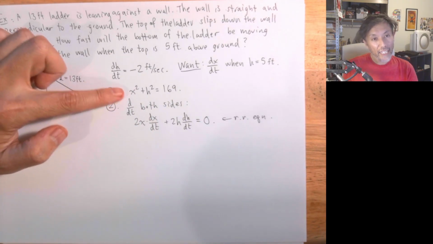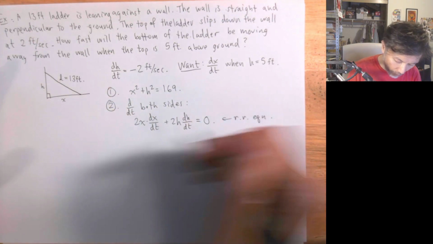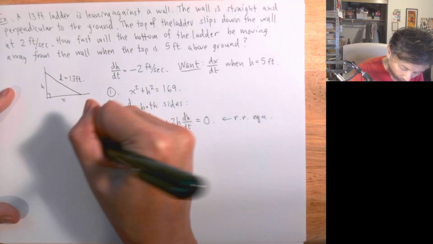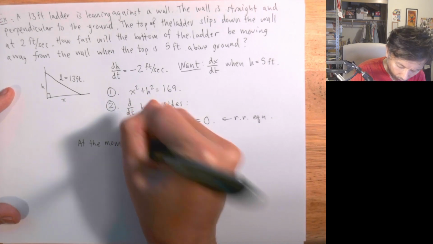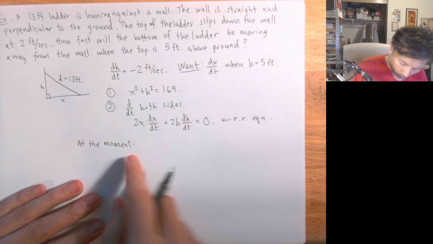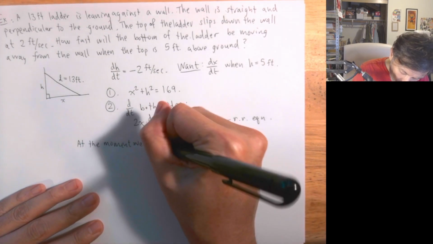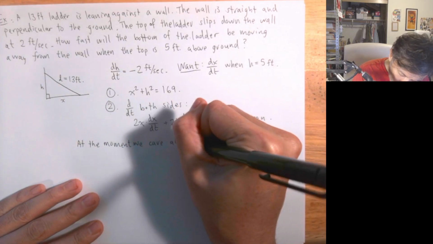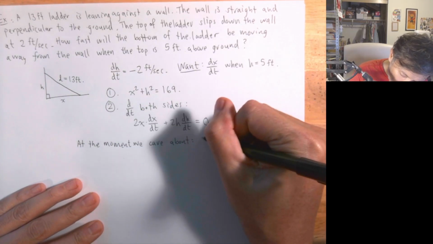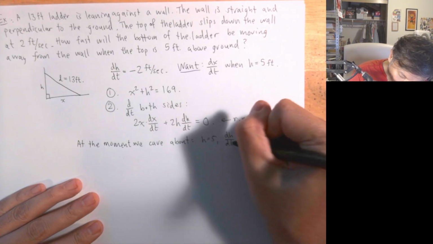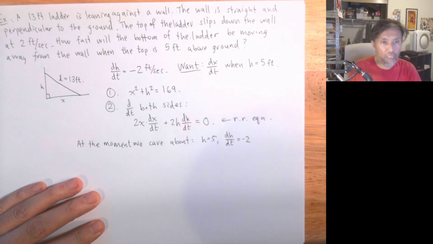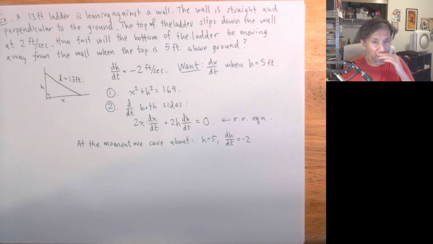Well, we can go back here. At the moment we care about, let me record some information. I'm going to go a little bit over, and you're just going to have to deal with that. At the moment we care about, h is 5. dh/dt is -2. This is me just rewriting the material information we've been given.